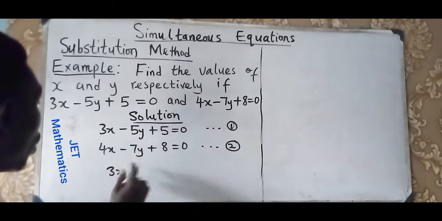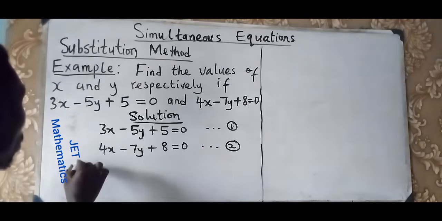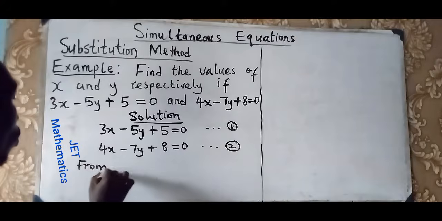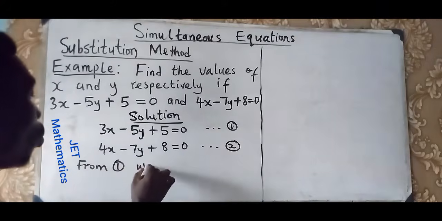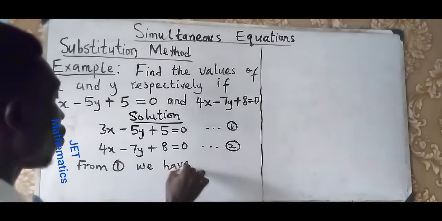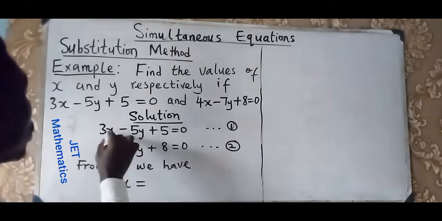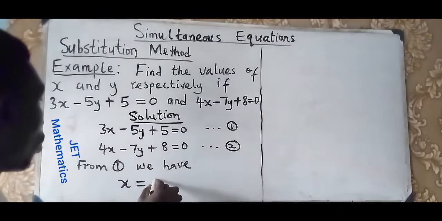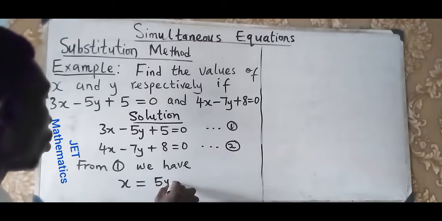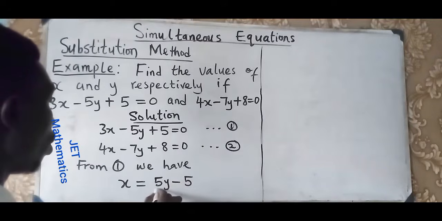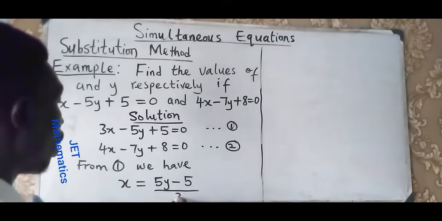3x, from 1, we have that x is equal to 5y minus 5 divided by 3.